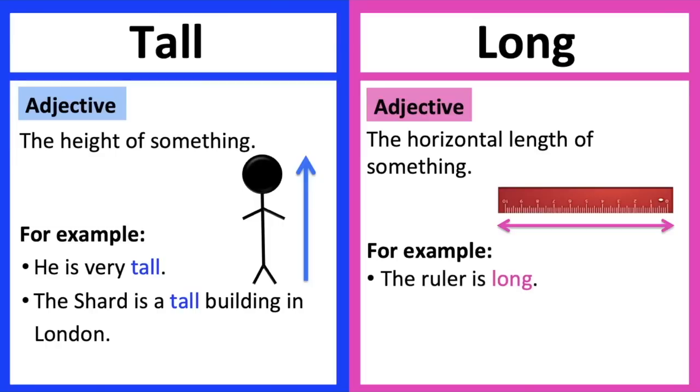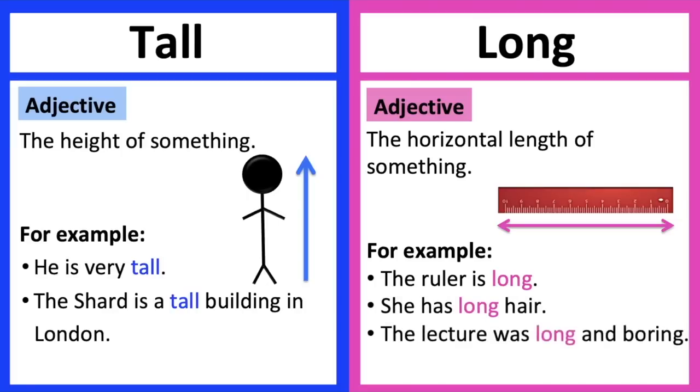Long can also be used to describe physical features like hair, arms, legs, nose, etc., or the length of time or distance. For example, she has long hair. The lecture was long and boring. So here I'm saying that the lecture lasted for a long period of time.